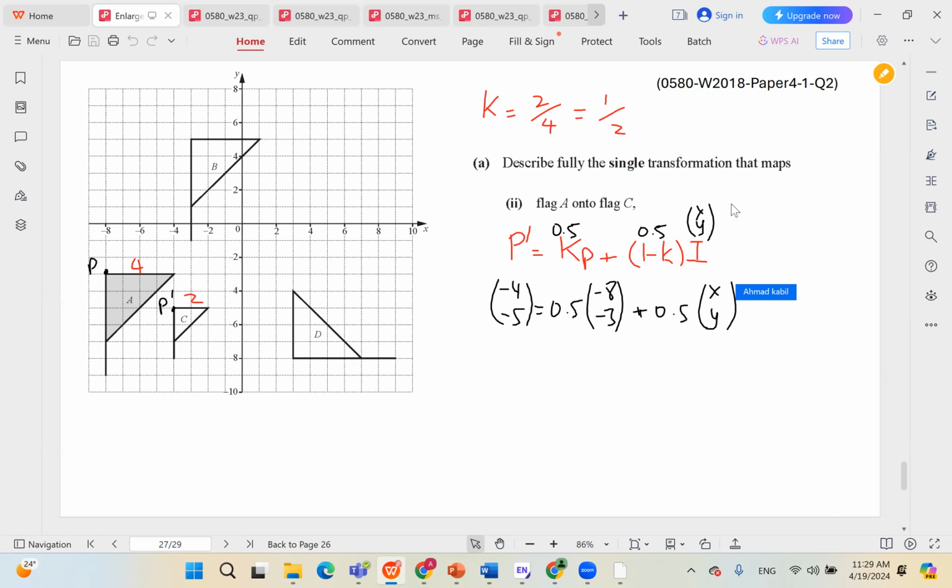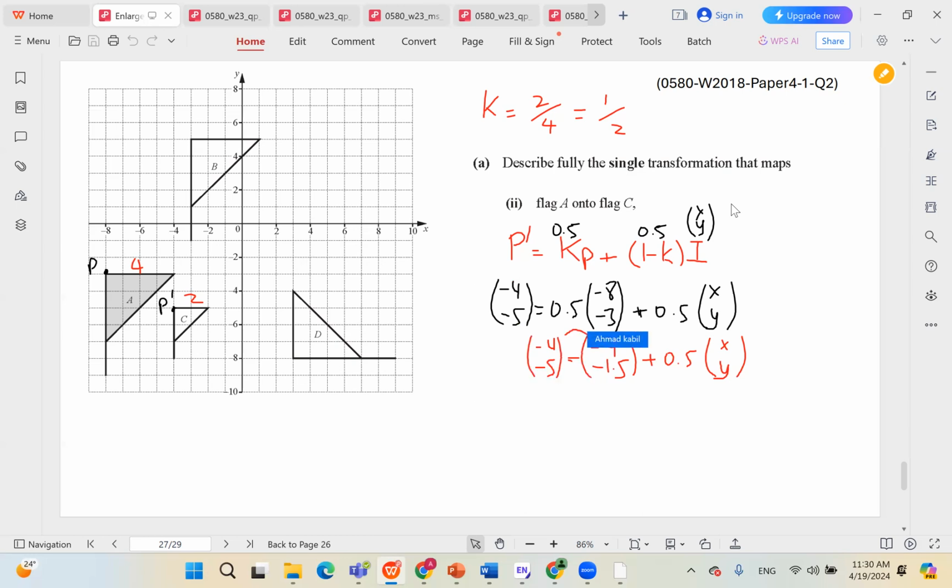So let's simplify. So this becomes -4 and -1.5. Let's keep this as it is. And on the left, we have -4 and -5.